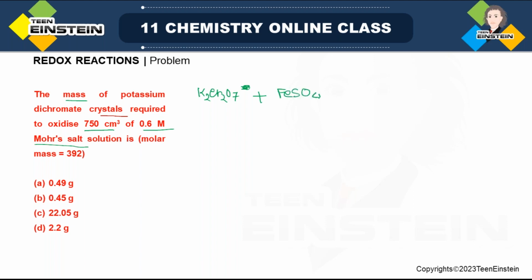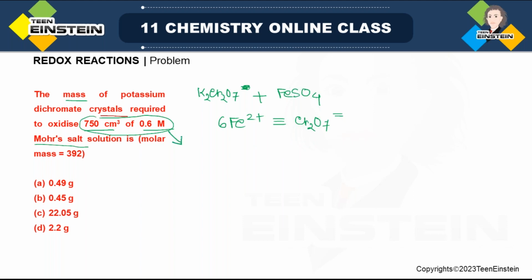This is the reaction of it. Now how do we write it? Remember we have already seen that 6 Fe2 plus is equivalent to 1 mole of Cr2O7. Now you know the volume and molarity for the iron 2 plus, but you do not know the number of moles or millimoles of Cr2O7, but that you can easily calculate from this 1:6 ratio.